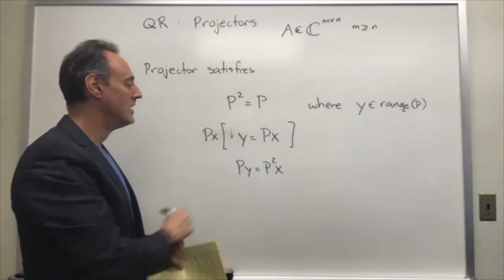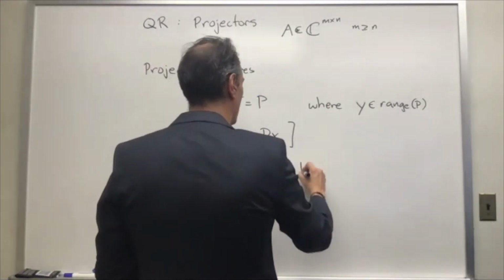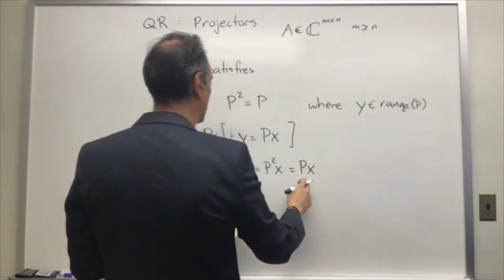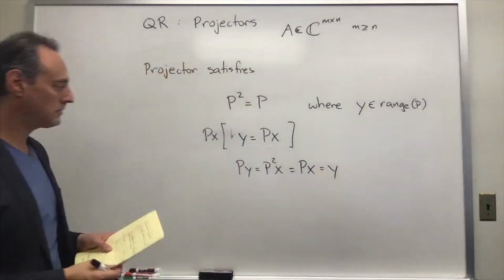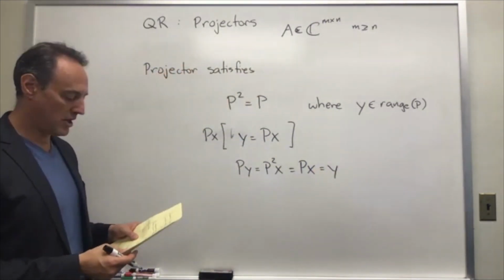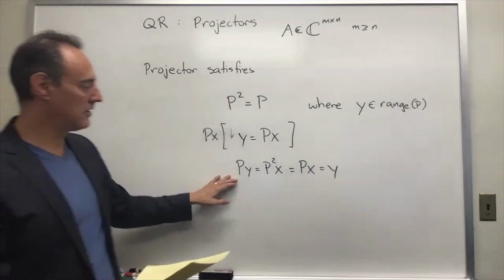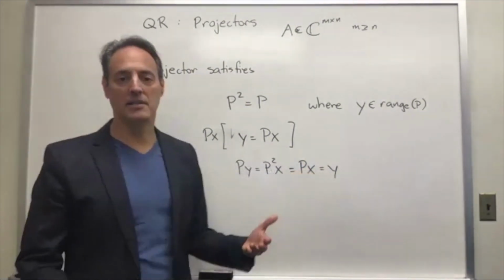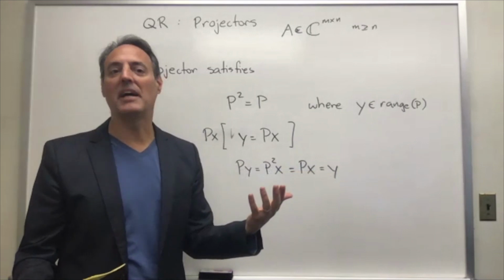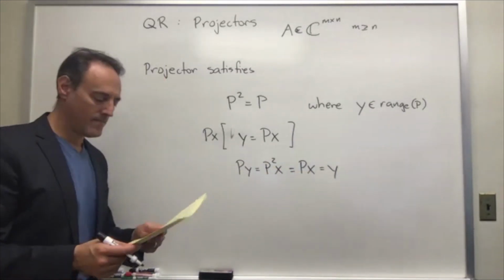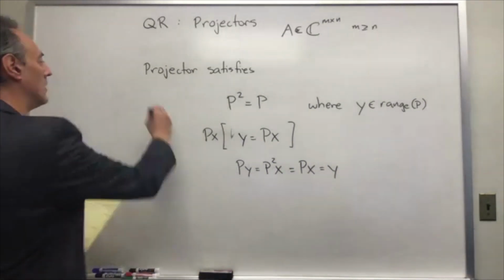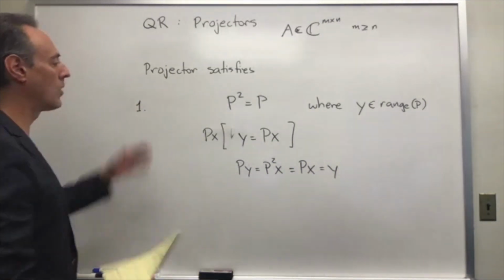So P squared X is equal to P of X, but P of X is equal to Y. Another way to think about it is that P of Y equals Y, so you can think of this as having eigenvalue 1. All right, so that's observation number one.